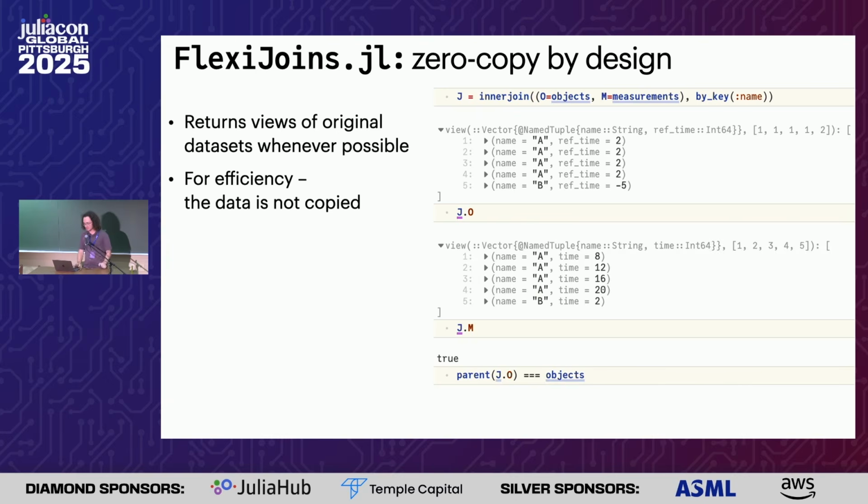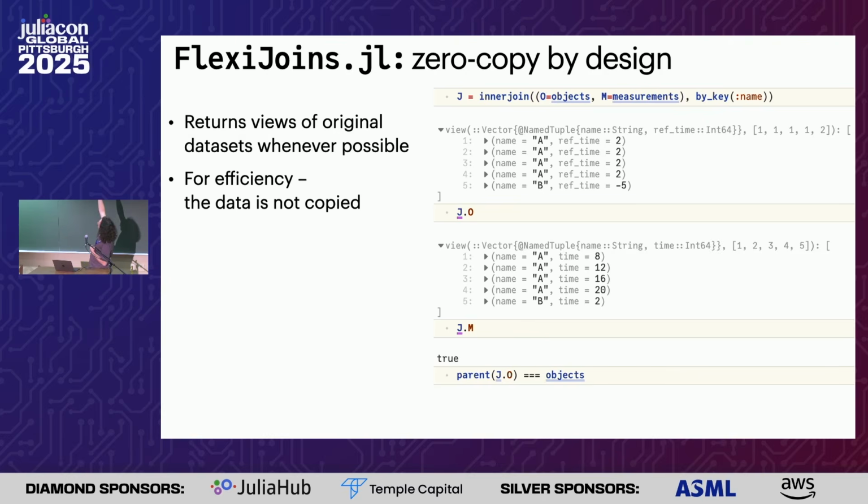One of the neat performance features that wasn't even very difficult to have is that FlexiJoins, by design, doesn't copy your data from the original dataset whenever possible. For basically any array, it returns views of the original dataset.